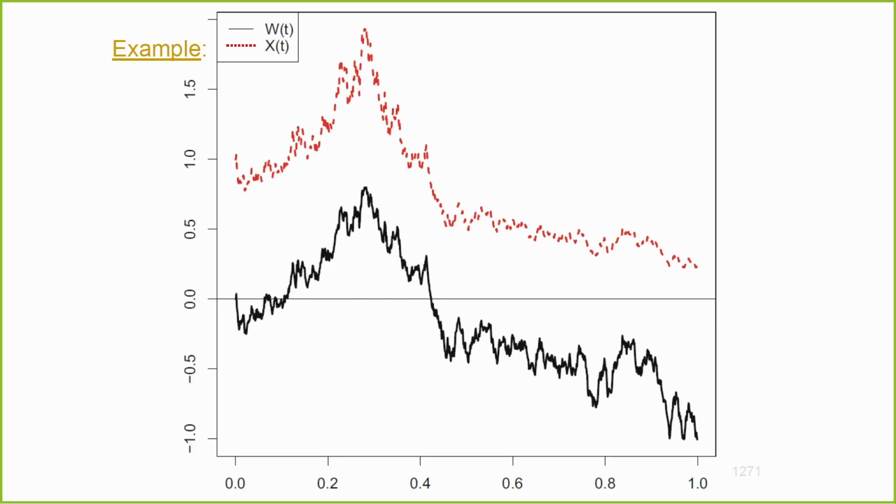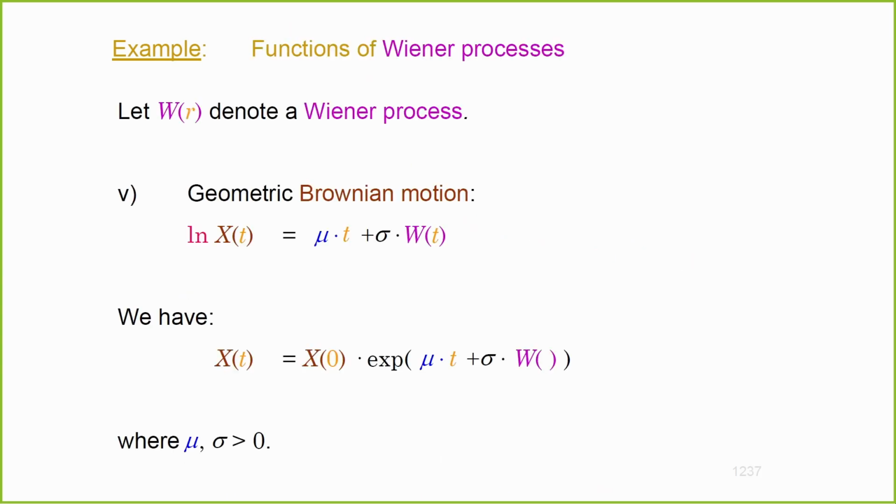You can also make the argument that the starting value would be equal to 1, of course, right? So for the geometric Brownian motion, which again can be different, but it was for the logarithm. Okay, so again, I want to make that clear.